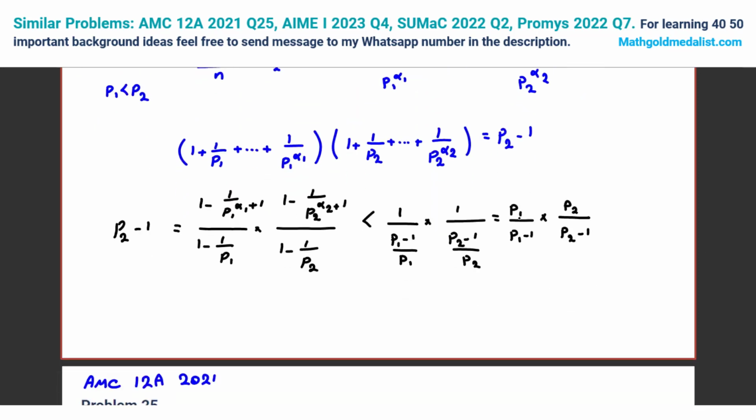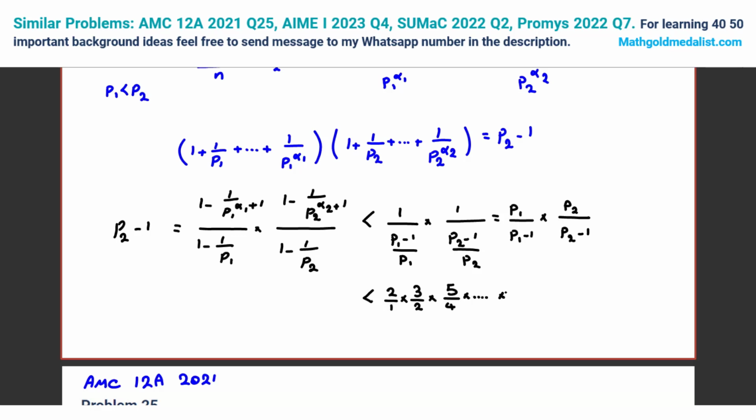Now, here there are 2 primes. We know the minimum P1 is at least 2, so 2 over 1, and these numbers, okay? So we can say it is less than 2 over 1, 3 over 2, 3 is the next prime, 4 over 3, 4 is not prime, 5 over 4, like these things.